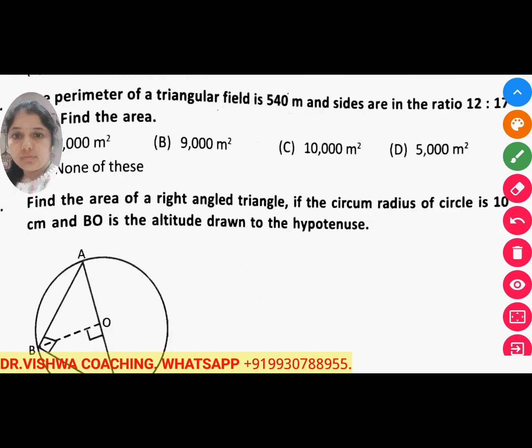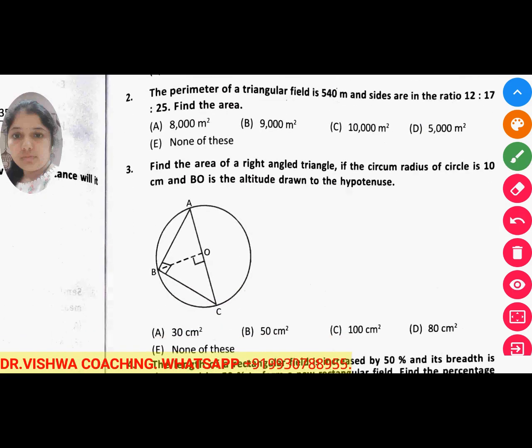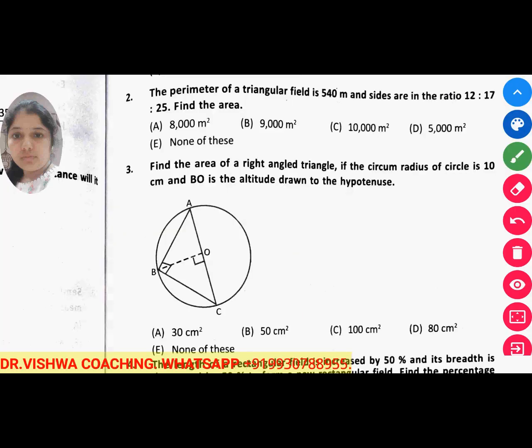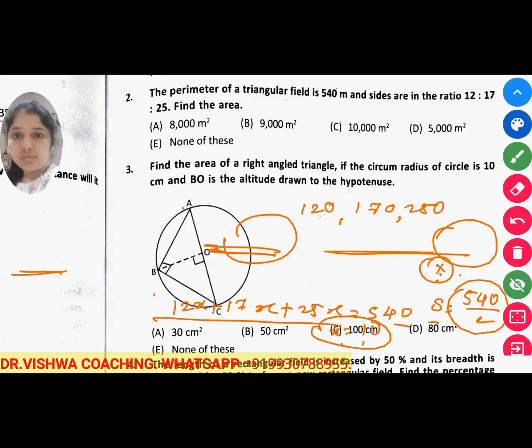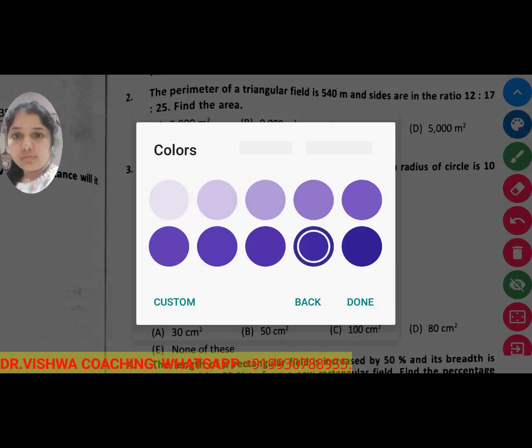Now the next sum is: find the area of a right angle triangle if the circumradius of the circle is 10 centimeter and BO is the altitude. So see, circumradius of the circle means the radius of that circle, simple.